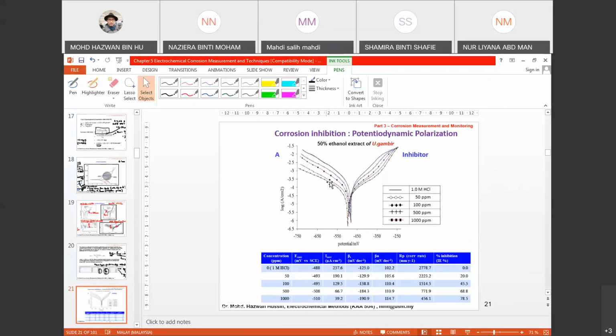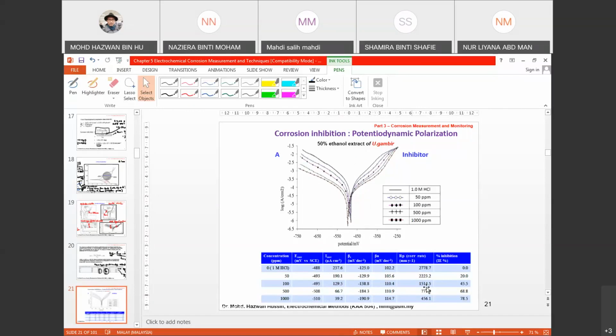I use a different solvent extraction, for example ethanol extract, and I performed potentiodynamic polarization. So we have this data, E corr, I corr, beta A, beta C, and you will see the results as they are, right?